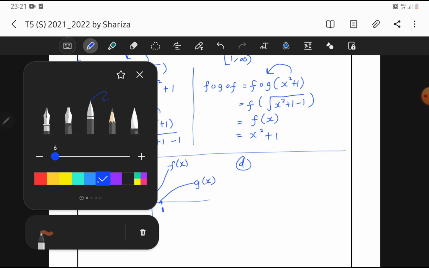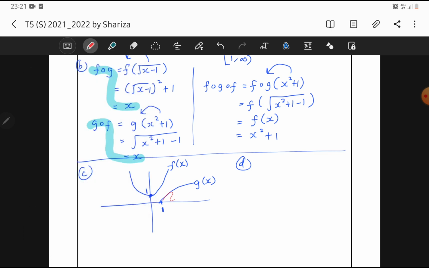Okay, part D, state the domain of f so that f is inverse of g. So, kalau awak perasan kat sini, nampak tak? Ini bentuk dia gini, g. Yang ni bentuk dia macam ni juga, tapi dia ada echo ke sana. Jadi, if we want f becomes the inverse of g, maksudnya dia macam ni.